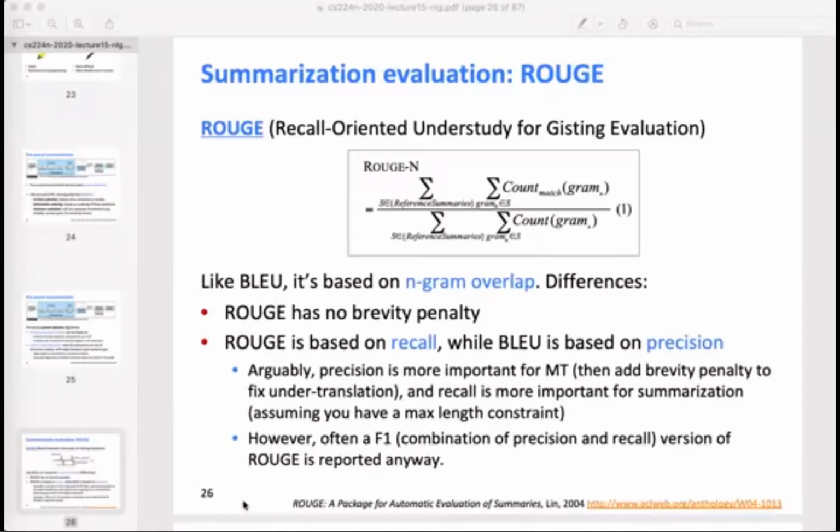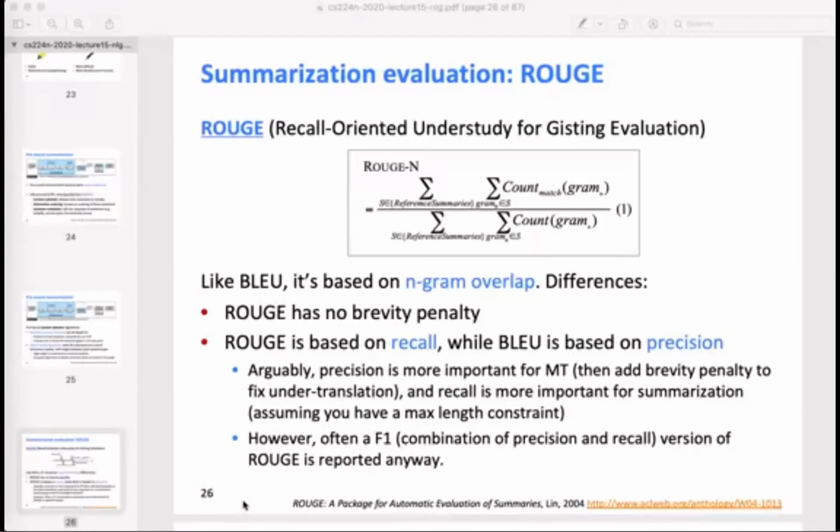And recall is more important for summarization because you want to include all the important content into the summarization, right? So you don't want to miss some of the key parts. And normally you would have the max length constraints so that you can have a balance between the length and the key components you want to include.